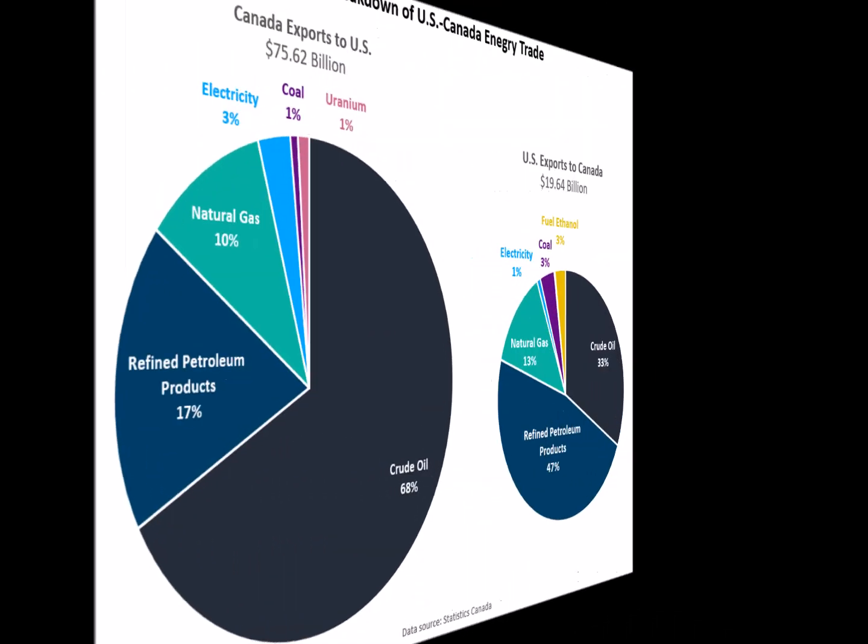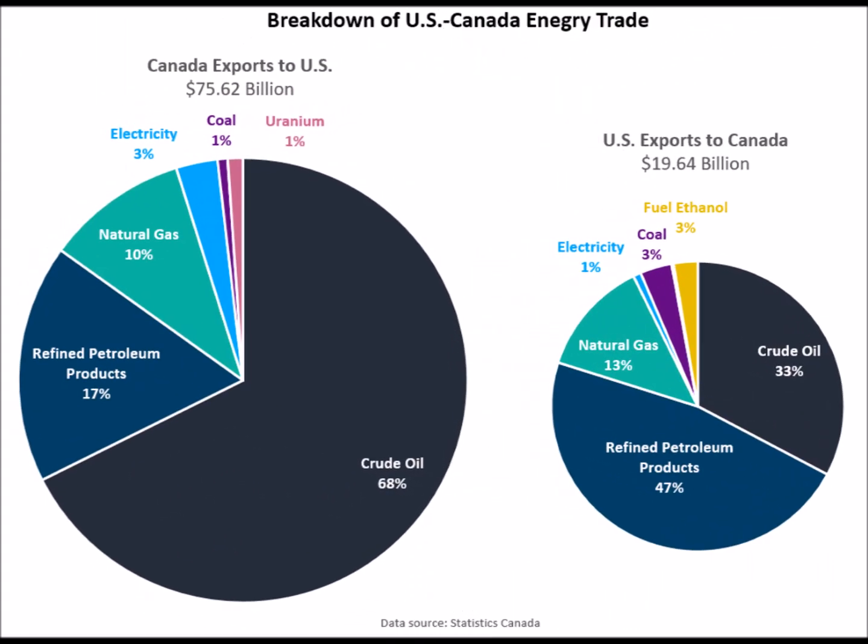This image provides a visual breakdown of the U.S.-Canada energy trade, showing the proportion of different energy commodities traded between the two countries. It highlights that crude oil dominates Canadian exports to the U.S., while refined petroleum products make up a significant portion of U.S. exports to Canada.